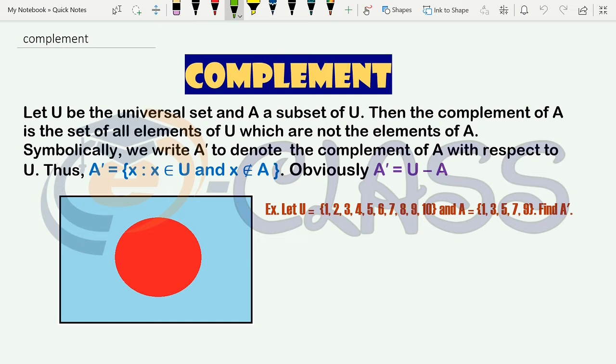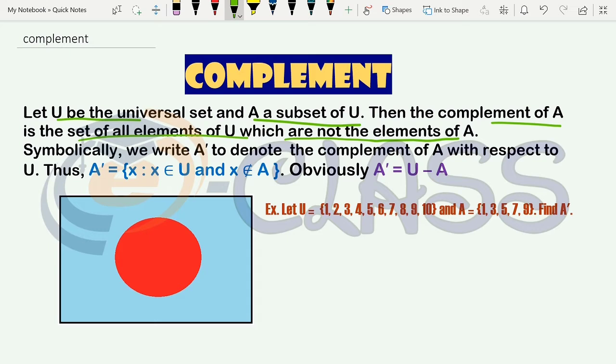Let U be the universal set and A be a subset of U. Then the complement of A is the set of all elements of U which are not, this is very important, which are not the element of A.